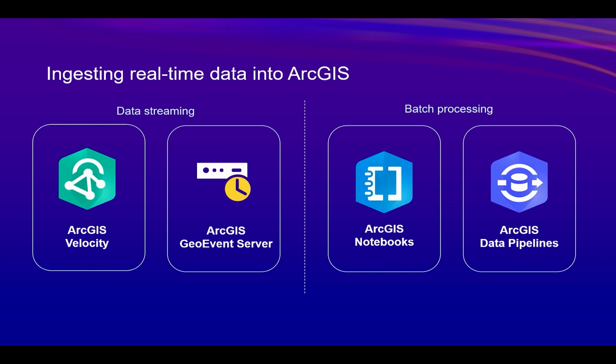Running through those options briefly, firstly, we have ArcGIS Velocity, our cloud-native add-on capability for ArcGIS Online, allowing users to ingest data as well as providing big data analysis and processing capabilities. If you're working in enterprise, then ArcGIS GeoEvent Server offers similar capabilities but deployed on-premise within your organization's architecture.